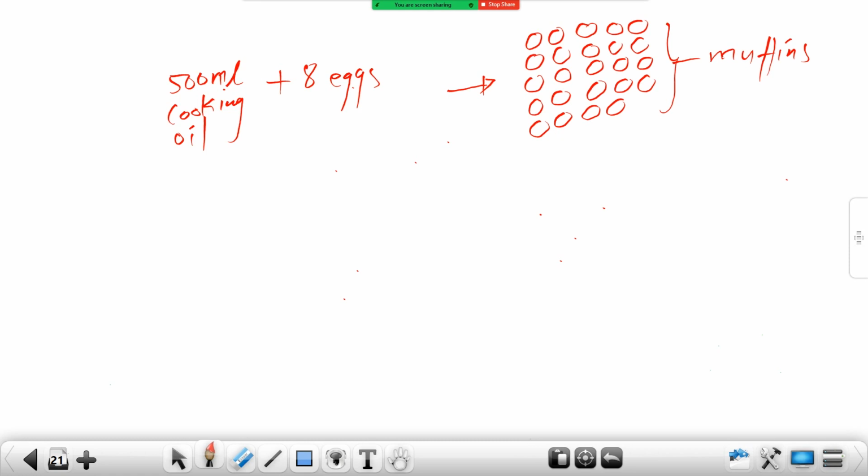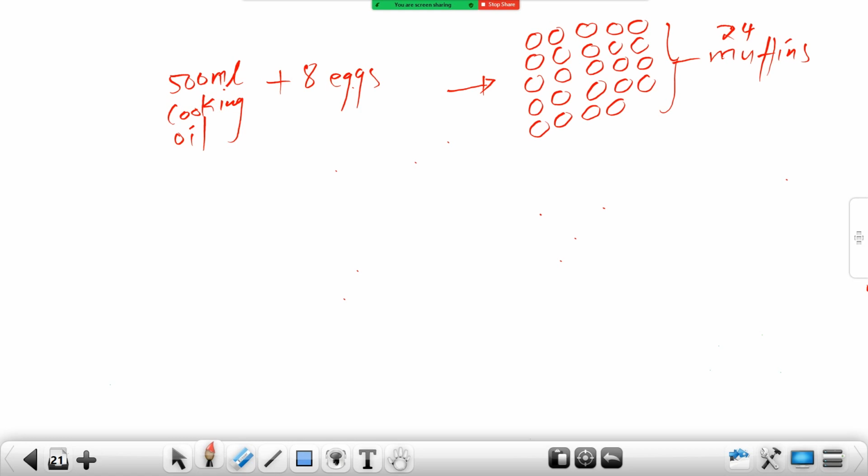I have 500 ml of cooking oil plus 8 eggs, but I want to get the end result, which is 24 muffins. Is it possible from what I have written now? It's not possible, right?